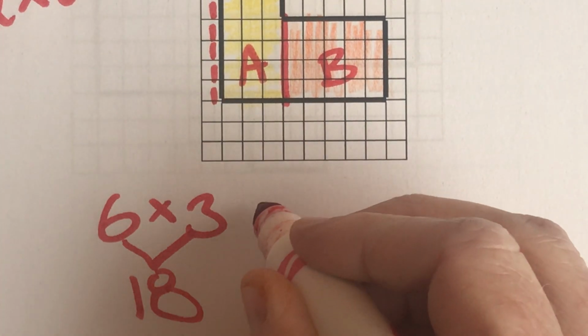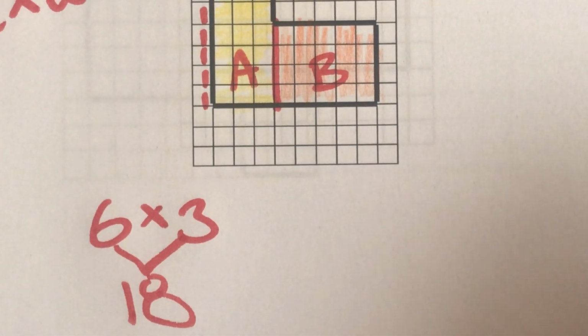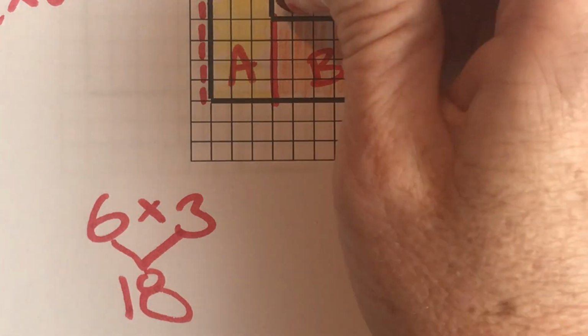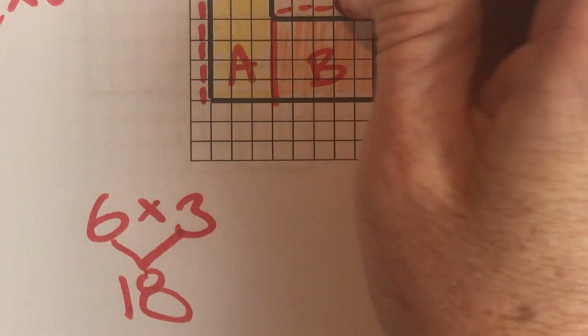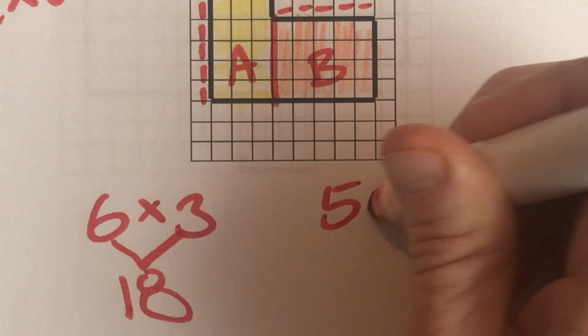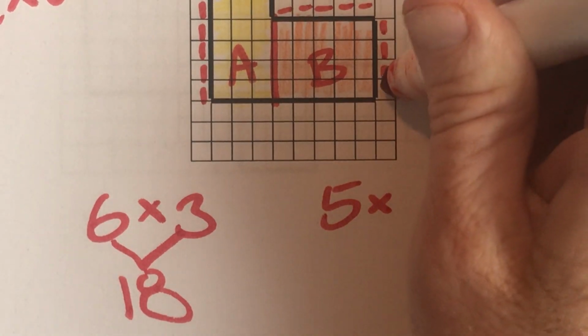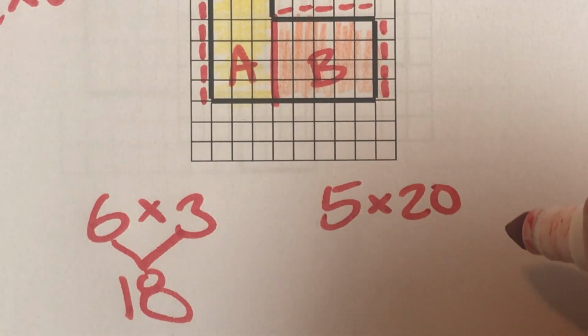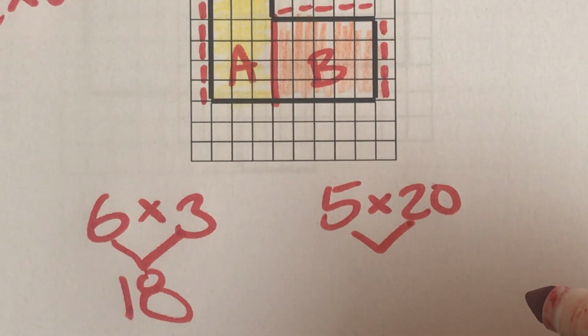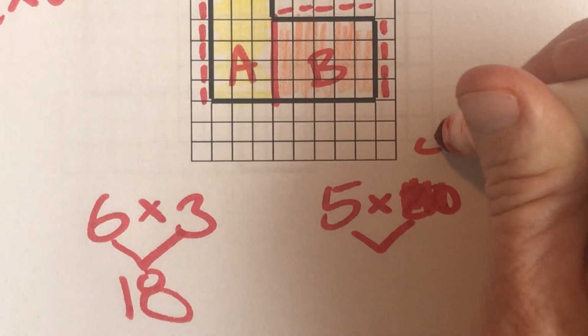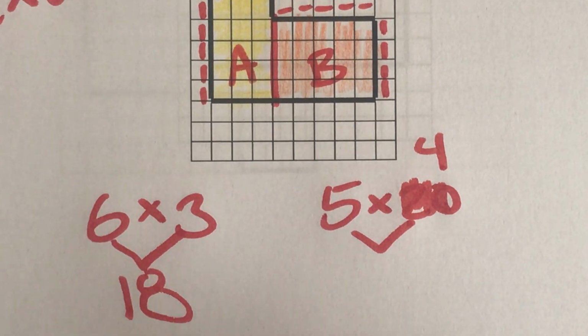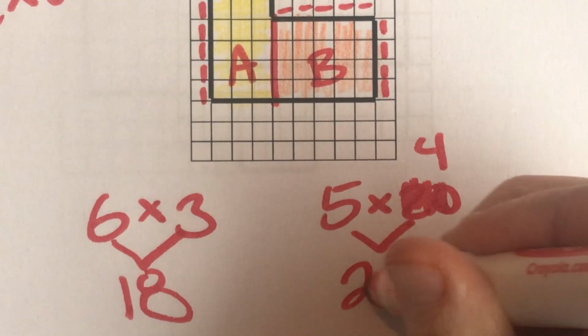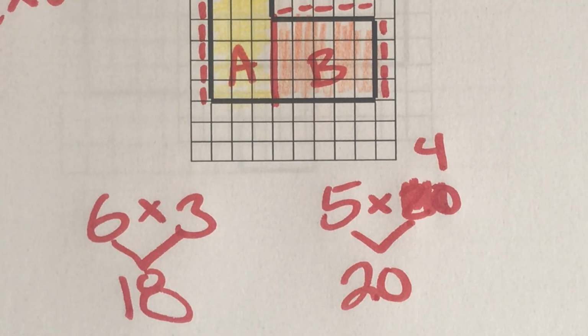That's my first one. Okay, what's the area of B? Let's see. B is 1, 2, 3, 4, 5 times 1, 2, 3, 4. Oh, I made multiple mistakes today. I apologize. 5 times 4, I already had put the answer is 20.